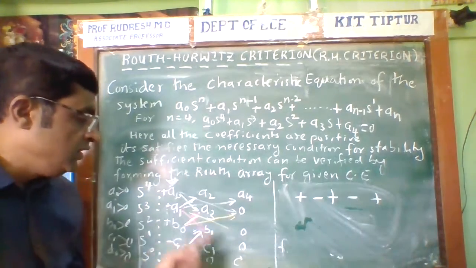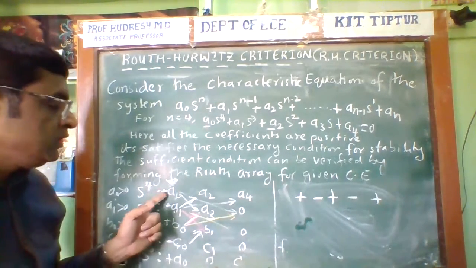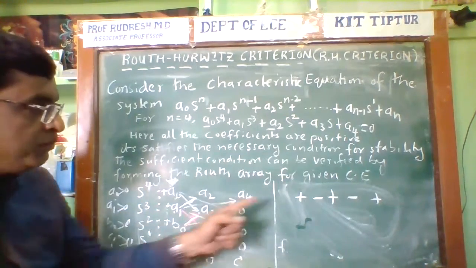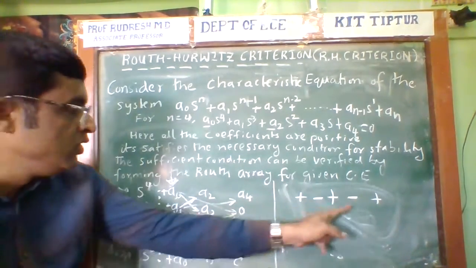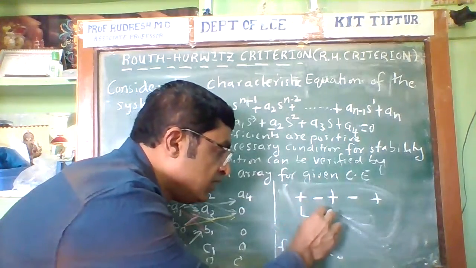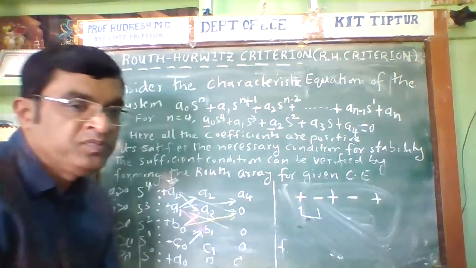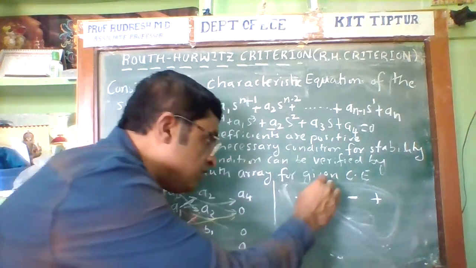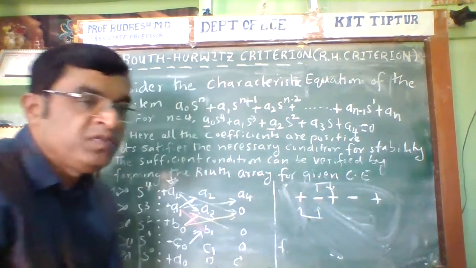Therefore, here the signs of the first column are plus, minus, minus, plus. The number of sign changes is indicated as follows: from positive to negative is considered one sign change, and from negative to positive is another sign change.